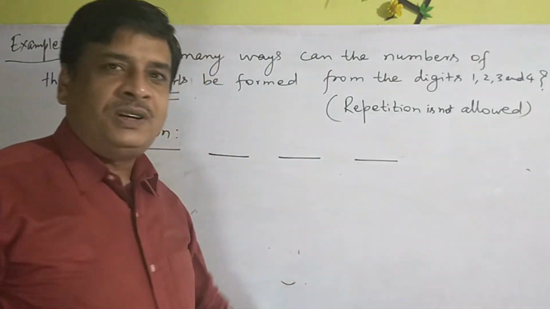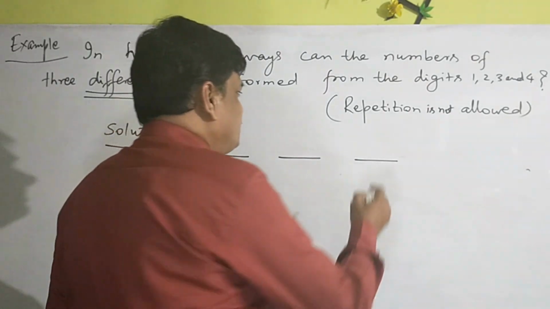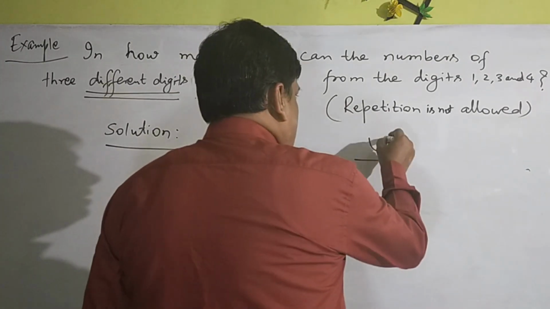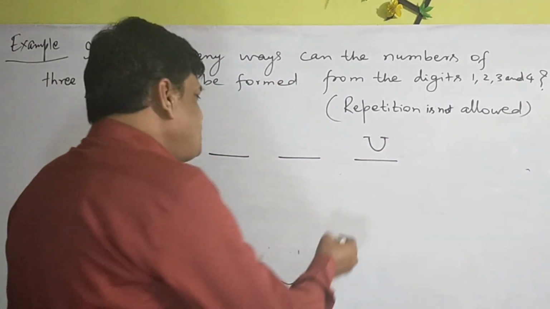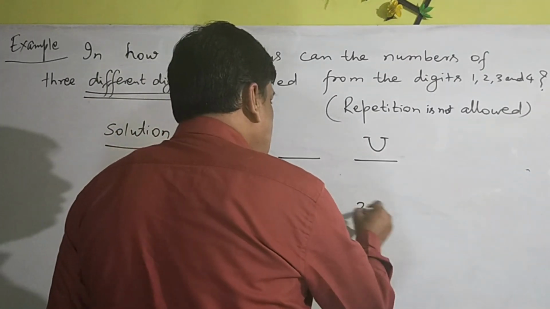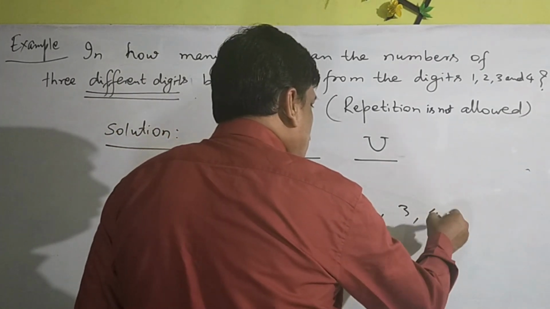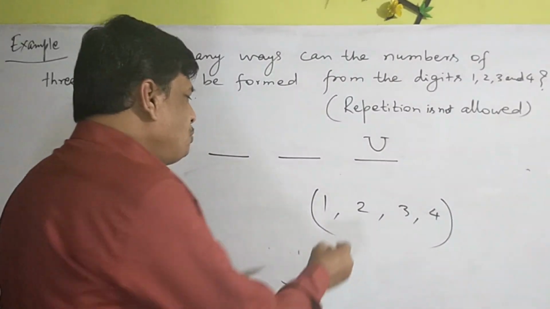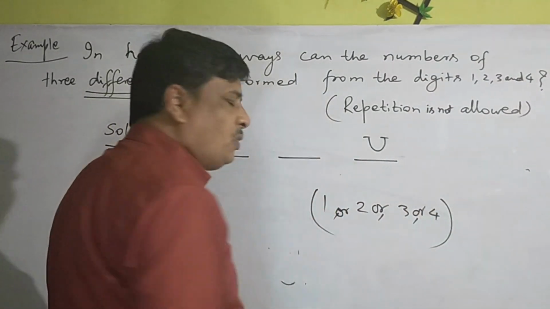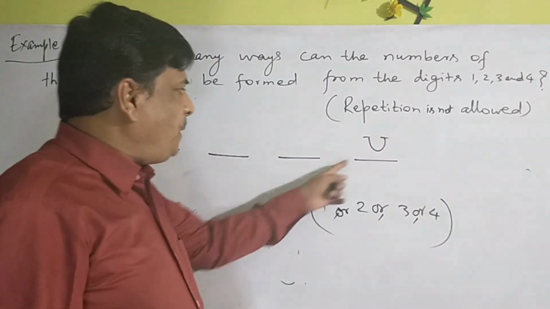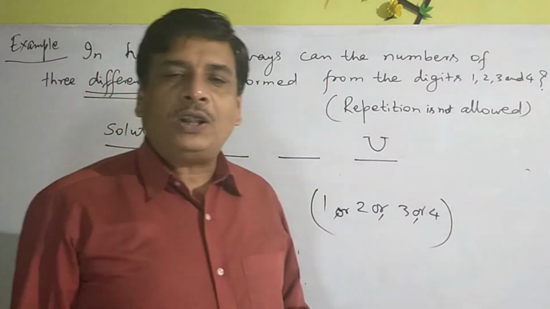First is units place. In how many ways this place can be filled up? The numbers are 1, 2, 3, 4. We can use at units place 1 or 2 or 3 or 4. So 4 different choices we have for the units place.